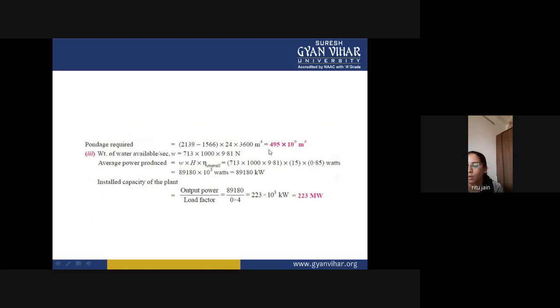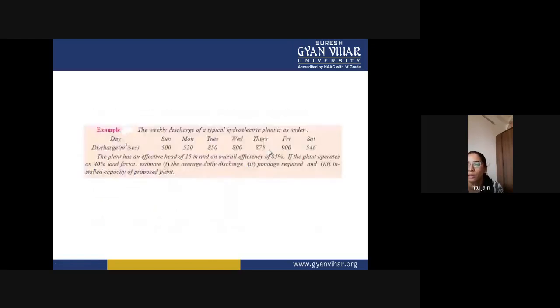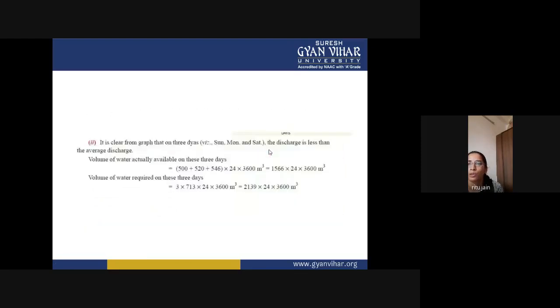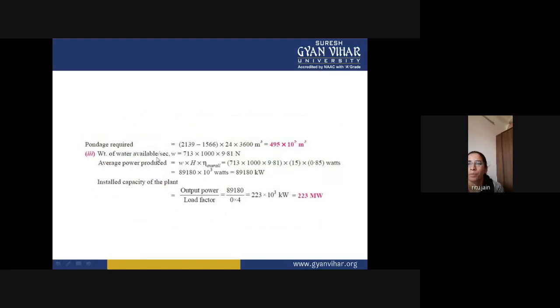Okay. Now, the next problem is that you have to find out the installed capacity of the proposed plant. The water available is your average discharge rate into 1000 into 9.81 Newton. So you can calculate the average power produced, which is equal to W into H into eta overall.